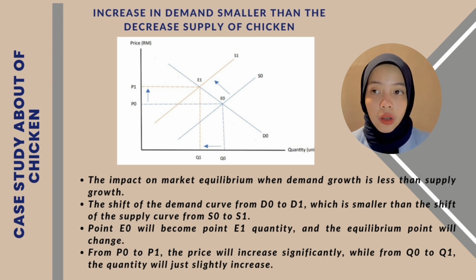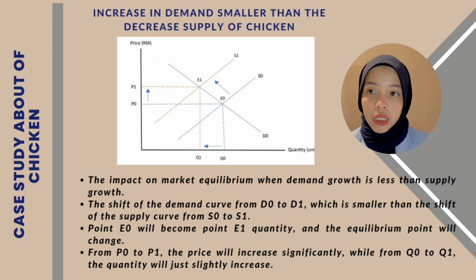The initial equilibrium price P0 and quantity Q0 are the two values. The shift of the demand curve from D0 to D1, which is smaller than the shift of the supply curve from S0 to S1, indicates that the increase in demand is less than the decrease in supply.